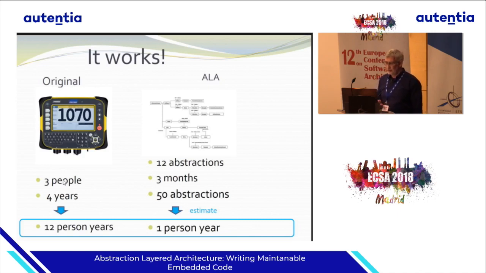So it's not unreasonable to estimate about 1 person year if the student had carried on and finished all 50 abstractions. I put this difference down to the fact that the architecture had already split the program up into these zero coupled pieces. Writing these 12 abstractions in this case was easy for him because they were just standalone programs, each one of them.